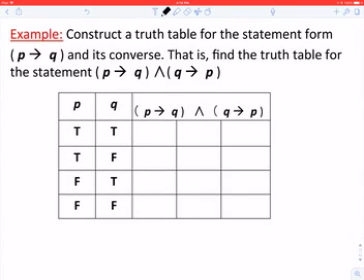So this example constructs the truth table for the statement form P implies Q and its converse.